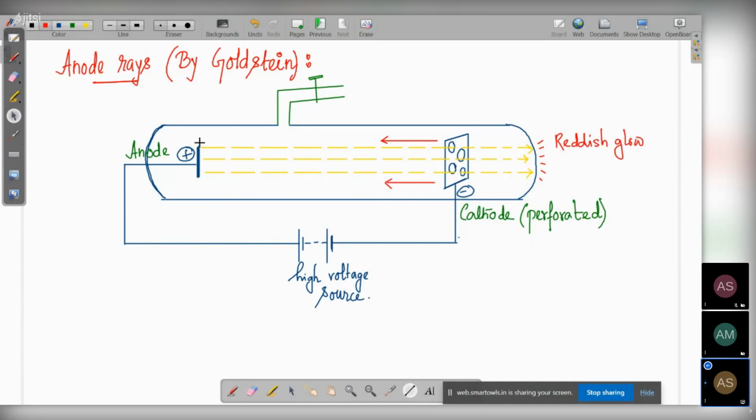Since the rays are coming out from the anode and going towards the negative terminal, it can be concluded that these rays are positively charged particles. So this was his experiment.